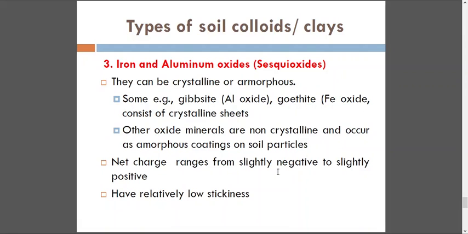We also see that they can be crystalline or amorphous in nature. For example, gibbsite, which is the aluminium oxide, and the iron oxide consist of crystalline sheets, and therefore those are crystalline in nature. But other oxide minerals are non-crystalline, and they occur as amorphous coatings on the soil particles.